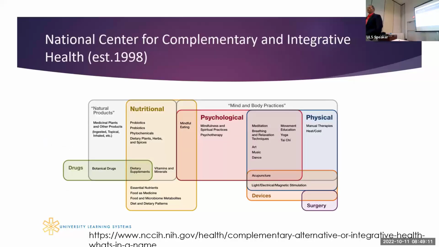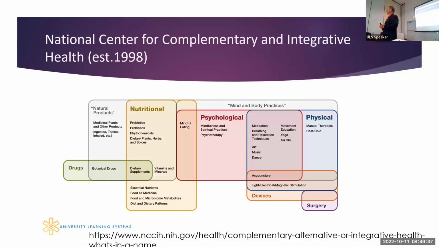I like this too. As far as what integrative medicine is, they break it down into natural products, which I would call plant medicine, and then the nutritional portion of it. Then they have mind-body practices, which are very important because there's really no division between the mind and the body.